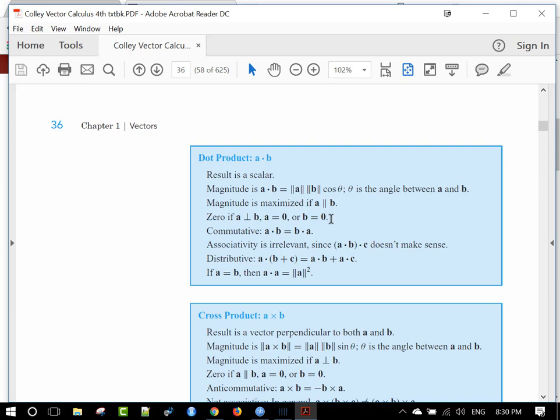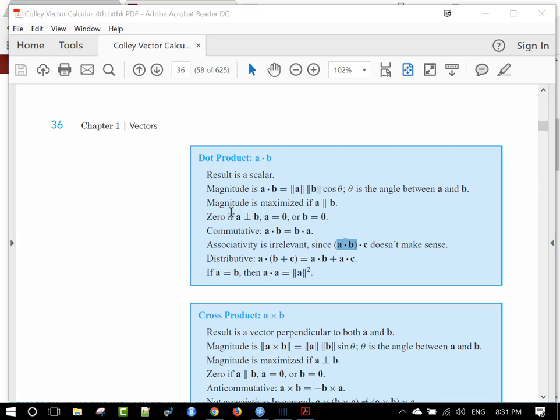It is commutative. Associativity is irrelevant since it doesn't make sense. Why doesn't it make sense? Because this gives you a number. You can't take a number dot a vector. It is distributive in this sense. And if A equals B, then A dot A equals this.